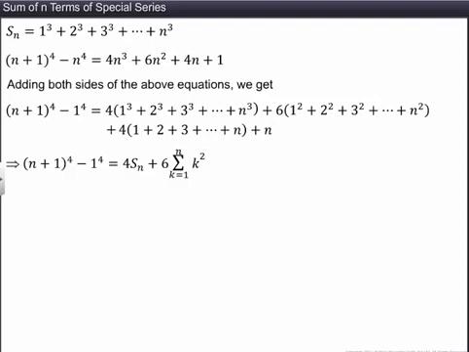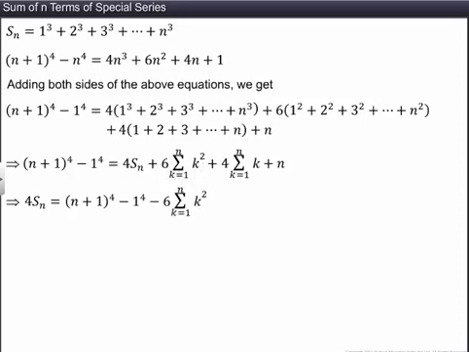Similarly, the sum of the first n natural numbers can be written as summation of k, k running from 1 to n. It implies that 4 into Sn is equal to (n plus 1) whole raised to the power of 4 minus 1 raised to the power of 4 minus 6 into summation of k square minus 4 into summation of k minus n.